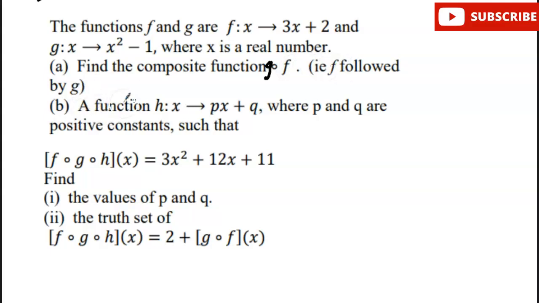B, a function h such that x maps to px plus q, where p and q are positive constants, such that f o g o h of x is equal to 3x squared plus 12x plus 11. Find the values of p and q. C, find the truth set of this.